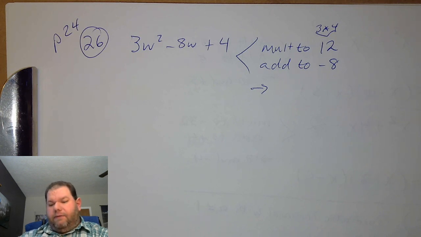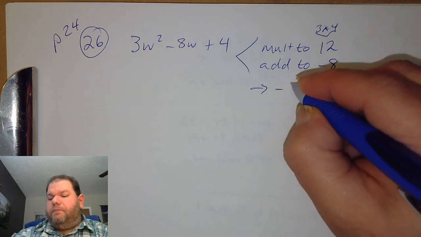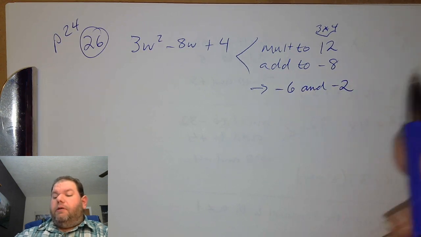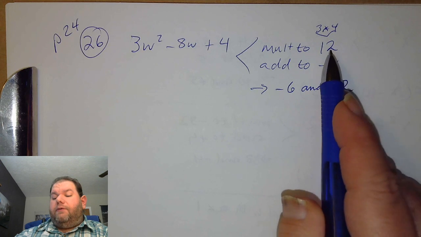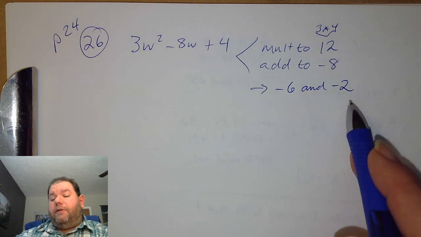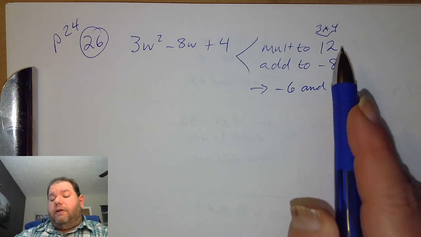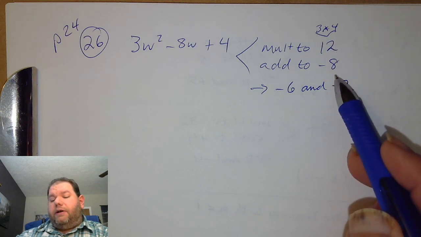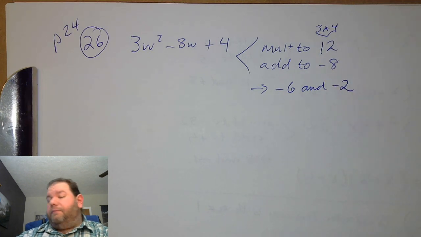Negative 6 and negative 2. Good. Negative 6 times negative 2 is positive 12. Negative 6 plus negative 2 is negative 8. Again, in this case, because it multiplies to a positive and adds to a negative, we need two negatives.